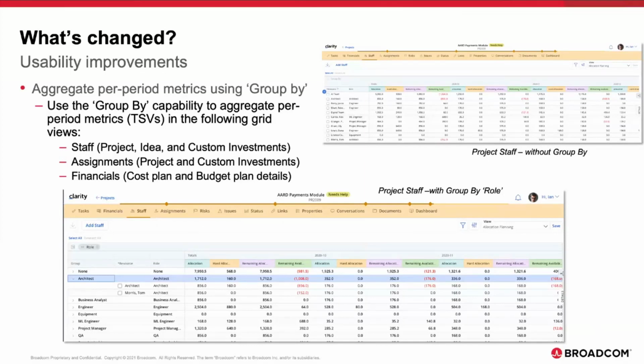I've expanded the architect window just so you see the details there, but at that line item, it's the aggregation of the allocations, hard bookings, remaining allocation, remaining availability. It's doing all the necessary calculations to aggregate the information. Super powerful capability now available in these following grids: staff, assignments, and financials.